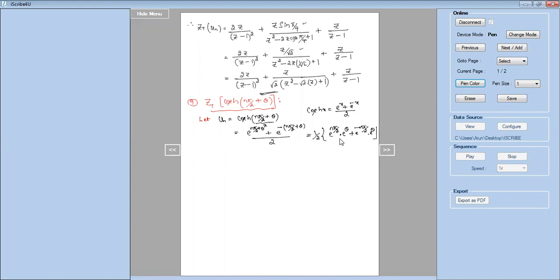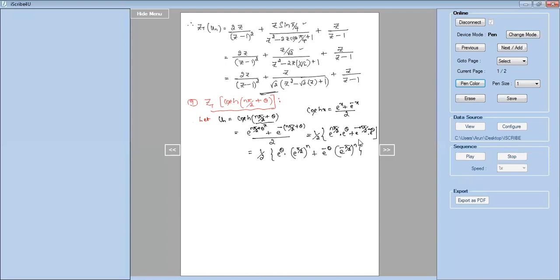If there is an n here, I can write that in the power form. So rewrite this as 1 by 2 into e power theta as it is, e power pi by 2 whole raised to the power of n. And the second term, plus e power minus theta into e power minus pi by 2 whole power n.